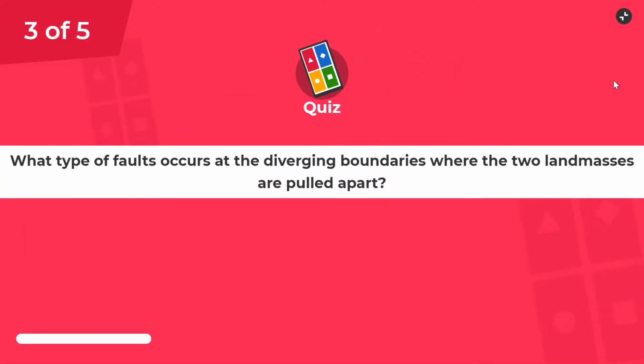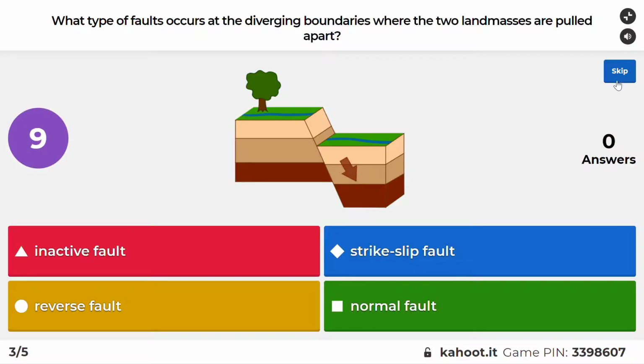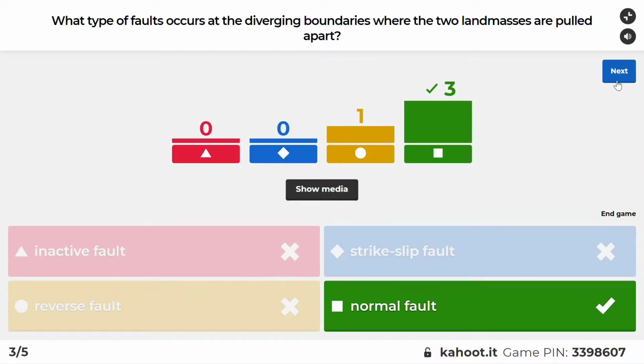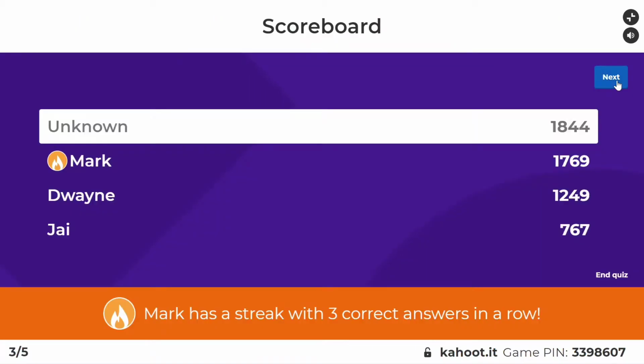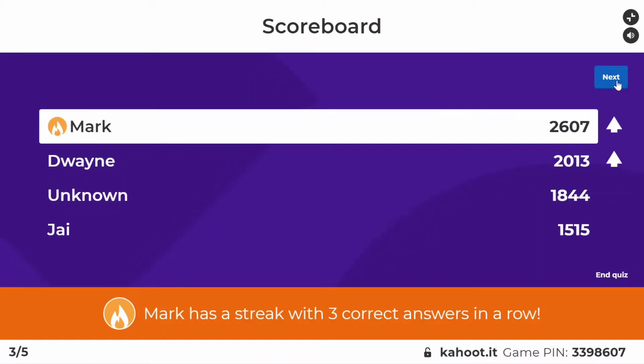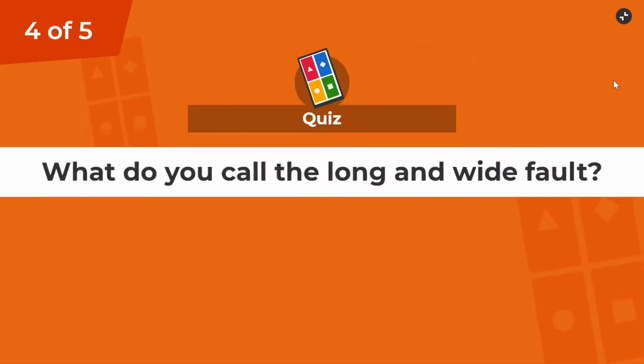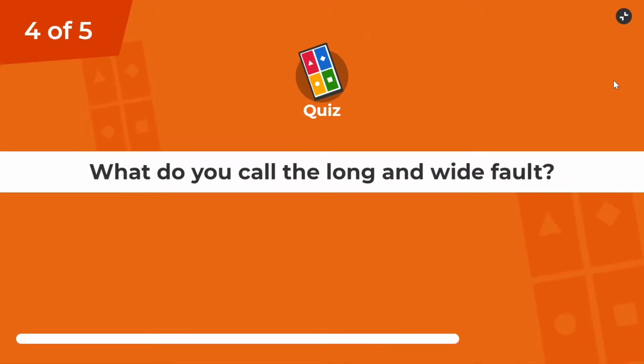What types of folds occur at the diverging boundaries where the two land masses are pulled apart? Is it inactive fold, reverse fold, strike slip fold, or normal fold? The answer is normal. What do you call the long and wide fault?